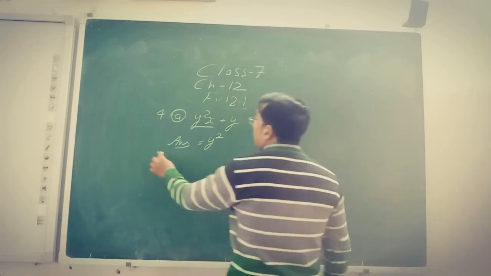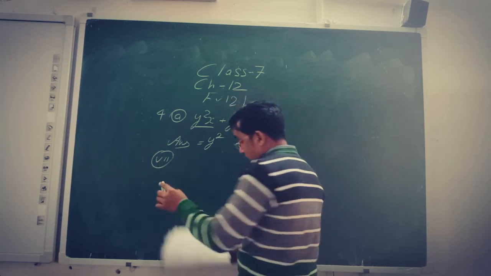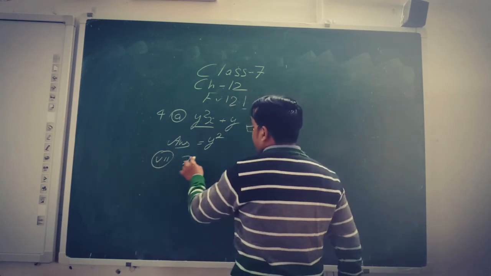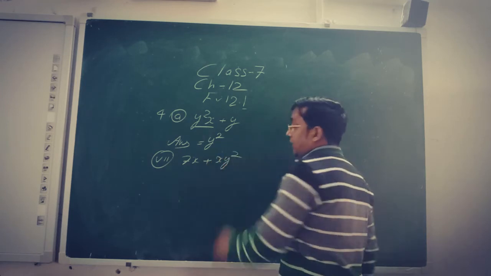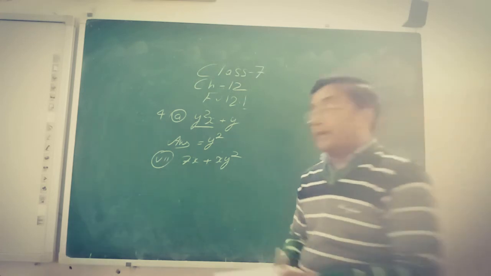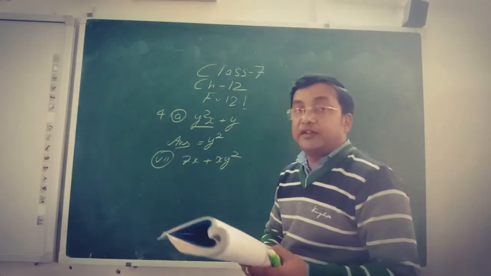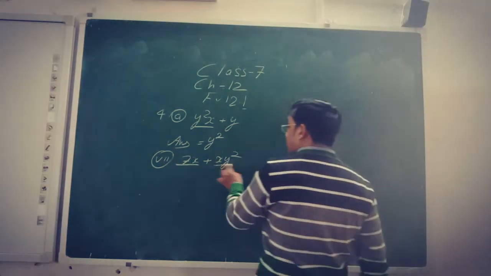One more question. Let's do it. This is the seventh part. Question is 7x plus xy square. I have to find out, first of all, the term which contains x. So here is also x, here is also x.